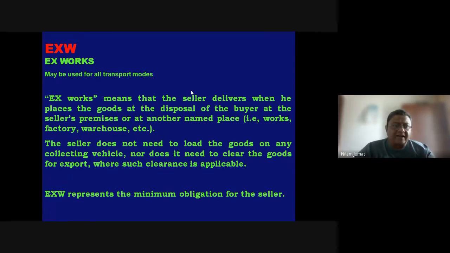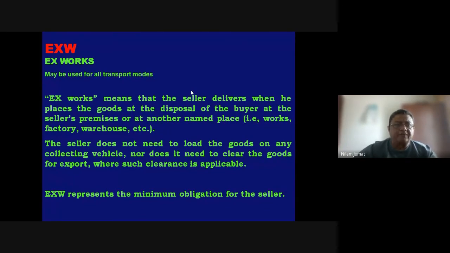If they are working on Ex Works, from the time the goods are manufactured up to Riyadh, whatever may happen, whether it's toppling while loading onto the truck at the premises, or the ship crashing, or camels crashing, falling into the water, nothing doing. All that risk is taken by the importer.